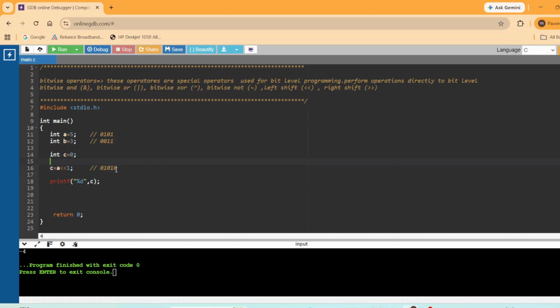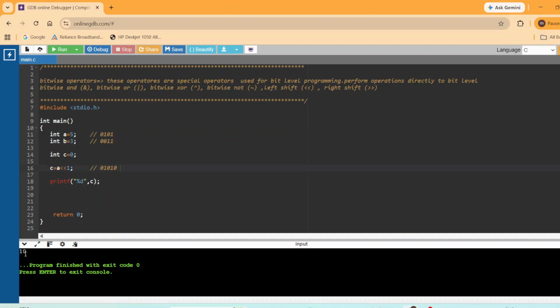Now the value is 2 raised to 0, 2 raised to 1, that is 2, 2 raised to 2, and 2 raised to 3. So 8 plus 2, that is 10. A left shift 1 means we will get 10.